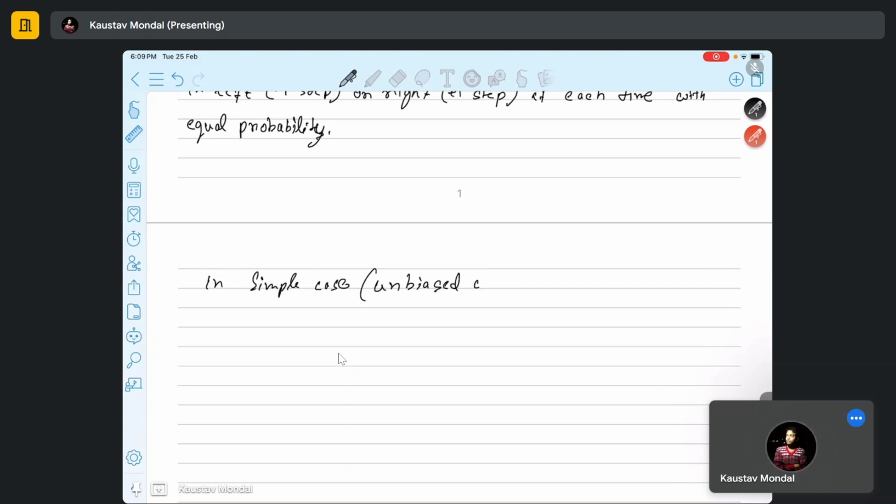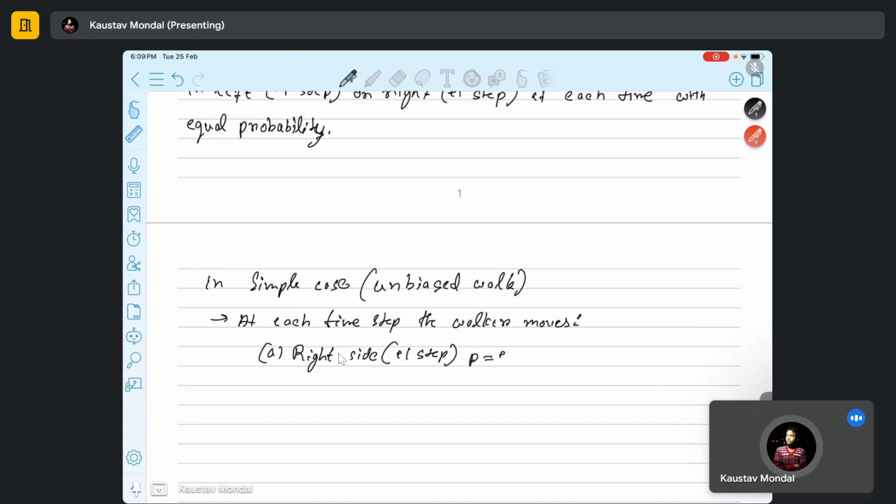So in an unbiased walk, at each time step the walker moves either to the right side, that is +1 step, with probability equal to half, or to the left side, that is -1 step, with probability half.